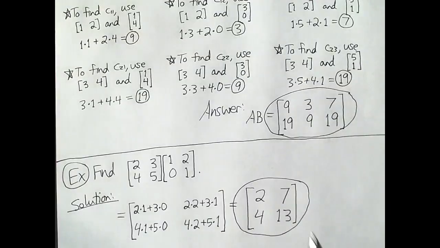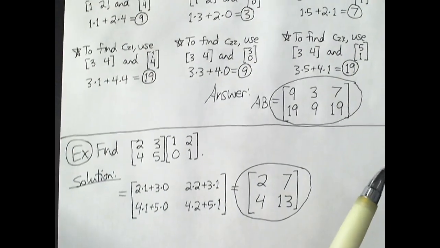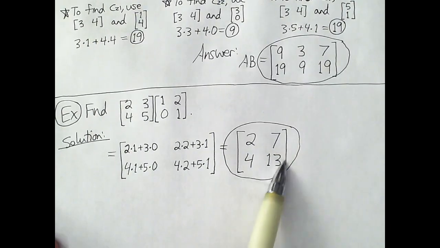It is equivalent to what we've been doing here, and you can check that. You can do the problem both ways if you want, and you'll see that you do get the same answer. That's what makes the row column rule valid. That's why it's okay to use the row column rule. It gets you the same thing as the definition.